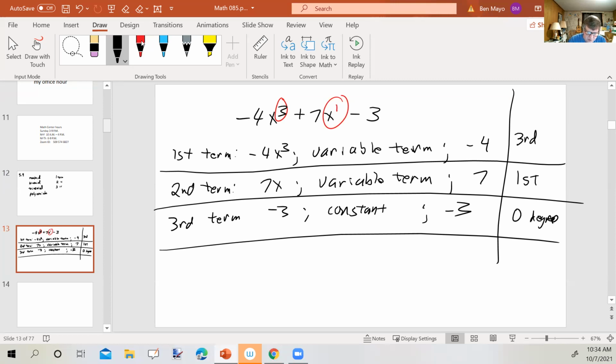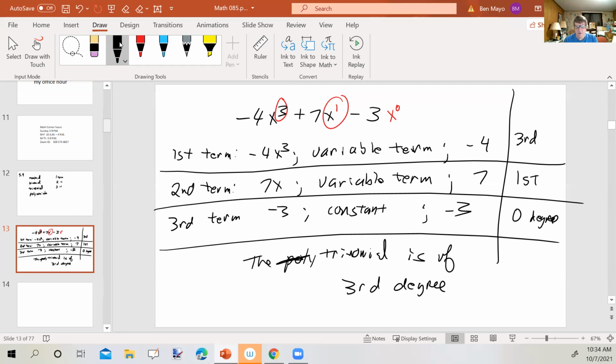There is no variable, so it's as if there was x to the 0 power, which is equal to 1, and 1 times 3 would still be 3. So first term, degree 3, second term, degree first, third term, degree 0.